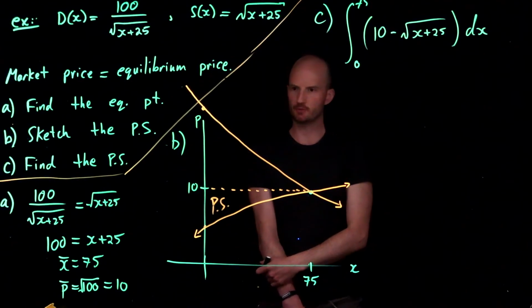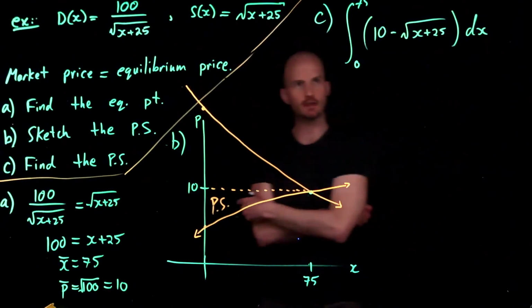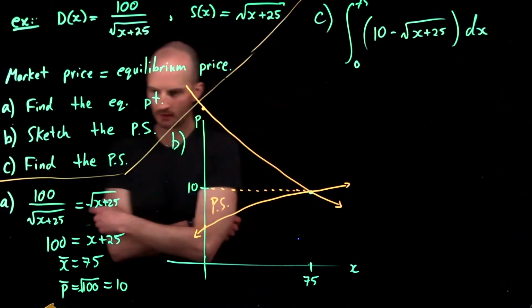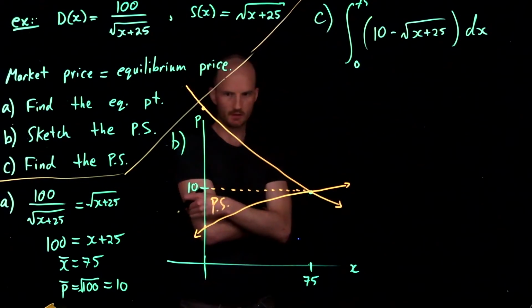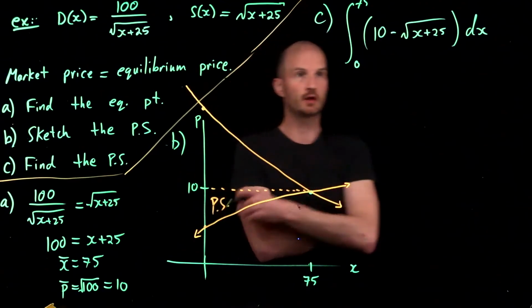So before I start in there, you always want to take a second to have a look at what you've done just before you jump into any major calculations. Okay, I'm satisfied.